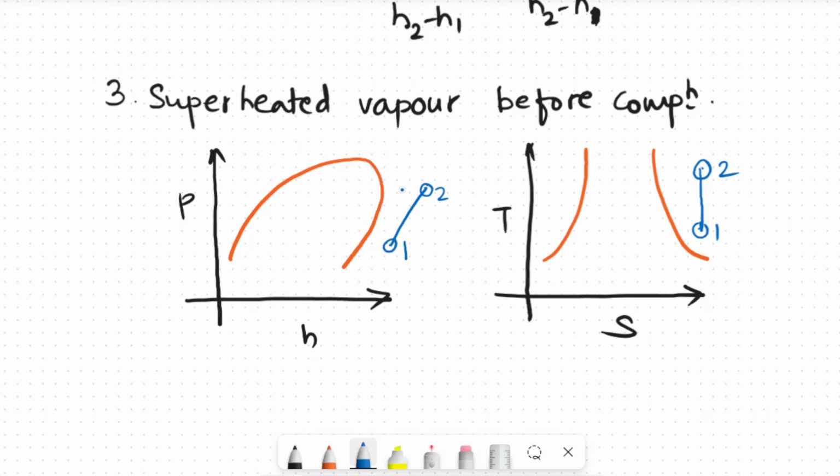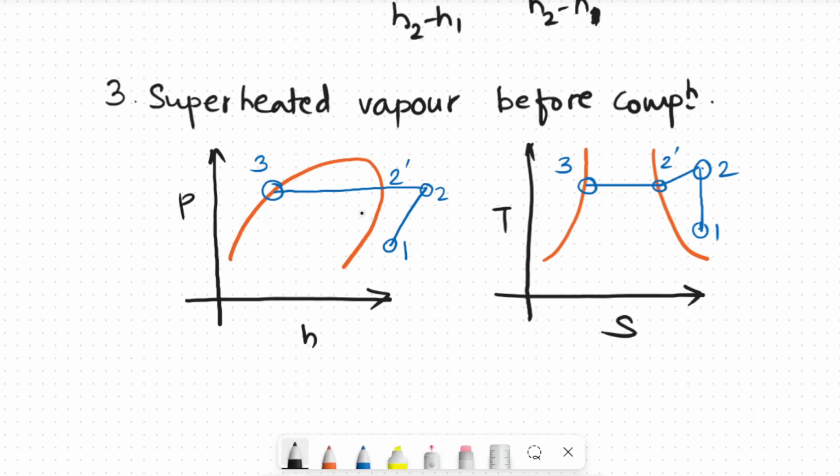Then the process of condensation, 2 dash and 3. During condensation on the TS diagram, first the temperature of the vapor will reduce to the saturated state, so 2 dash, and then constant temperature heat rejection will take place in the condenser.